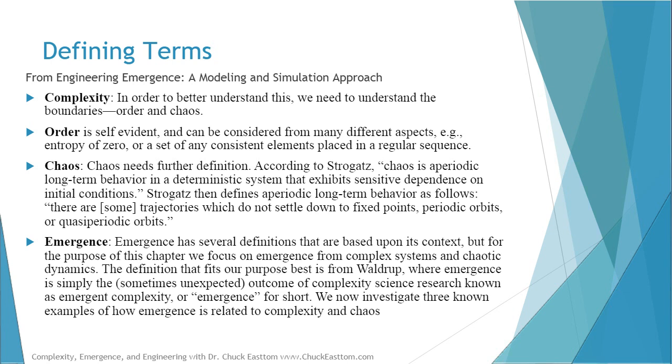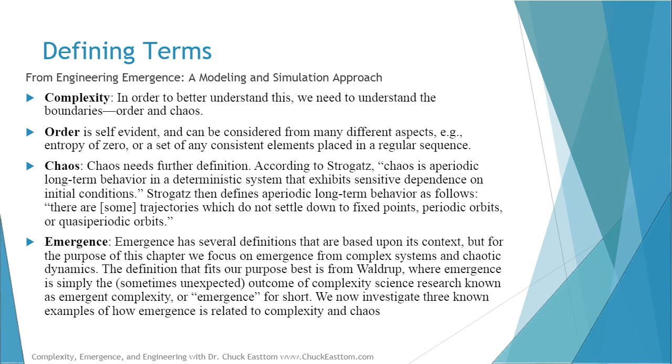There are a lot of different ways to define order. Some people will say a system with zero entropy. Well, that's probably a little extreme. I've seen that in some textbooks, but you don't have to have zero entropy to have order. One of the definitions I really like is that the elements of the system are at some sort of definable regular sequence. In essence, order is when we can define some level of structure either in the construct or the interactions of a system.